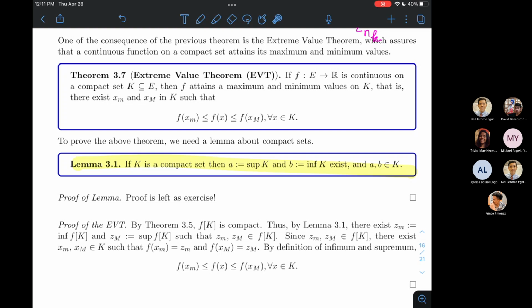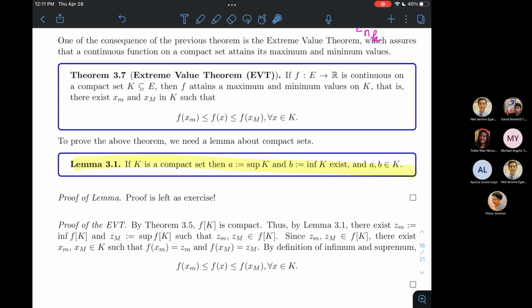So what's left to be shown is that the infimum and supremum are both members of K. Yung kailangan nating i-argue. Yun yung kulang pa dun sa proof. Well, you can argue it this way. Gamitin natin yung pagiging compact niya. Nagamit ko na yung boundedness. So gamitin ko pa yung isang property ng pagiging compact.